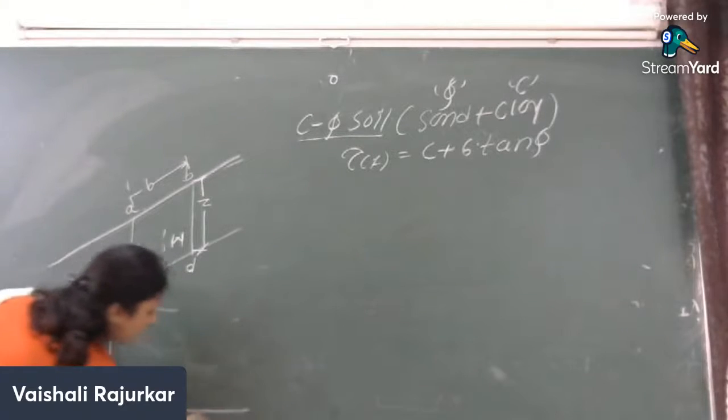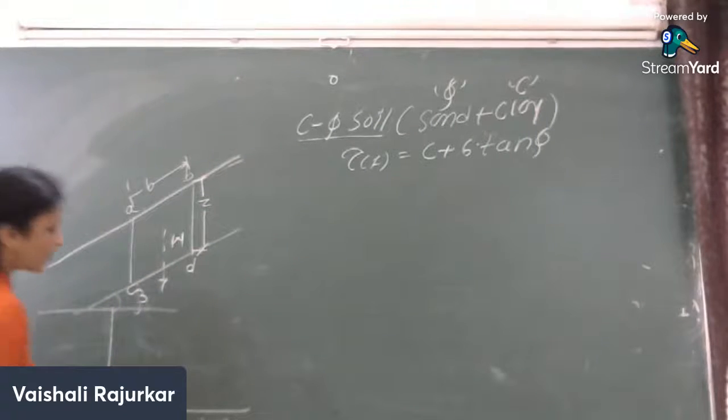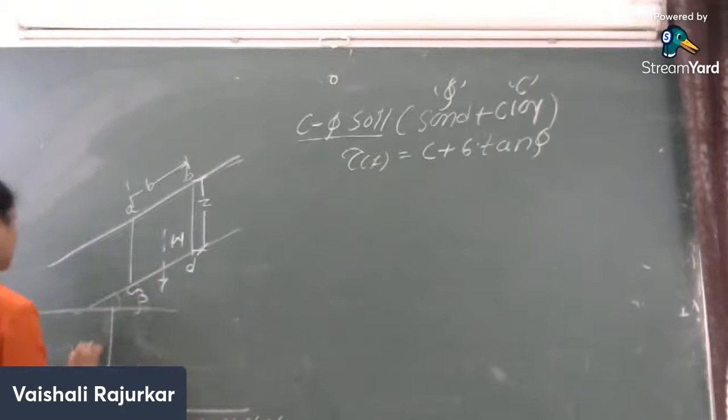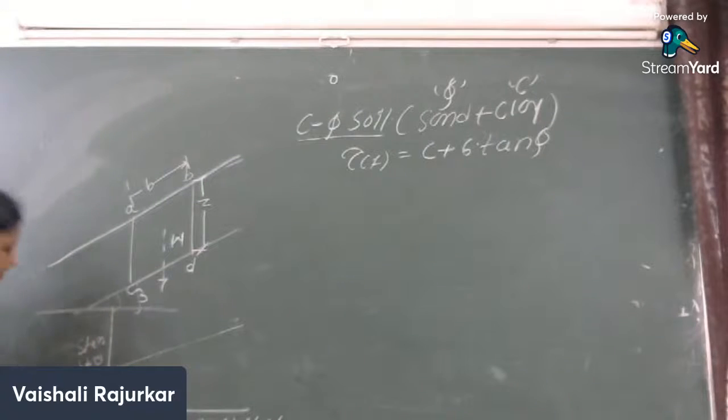When we plot the graph between the normal stress, sigma, and shear stress, tau, the shear strength envelope is like this, making an angle phi with the horizontal, and this is C, that is the cohesion component, the intercept. Now this is the case where the equation is C plus sigma tan phi.